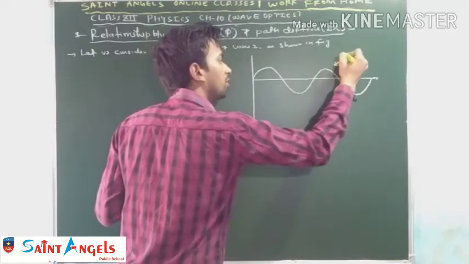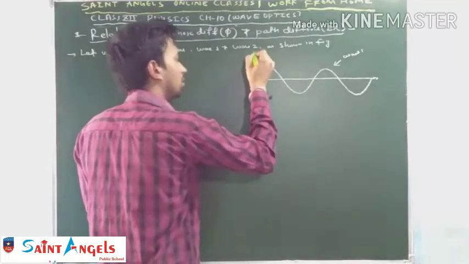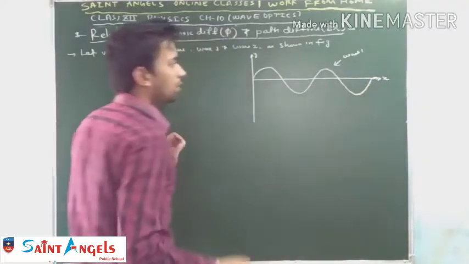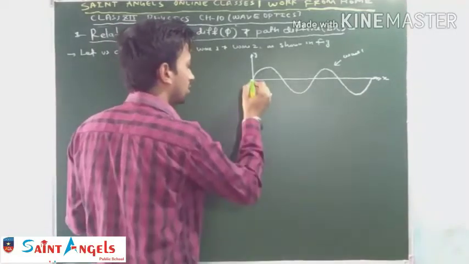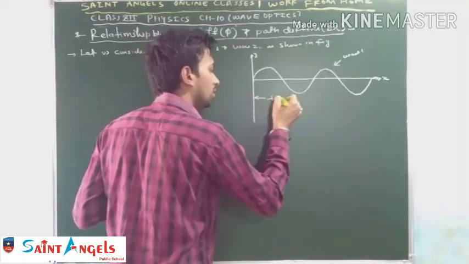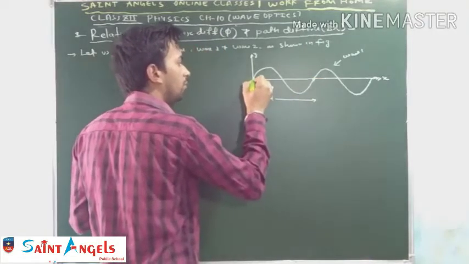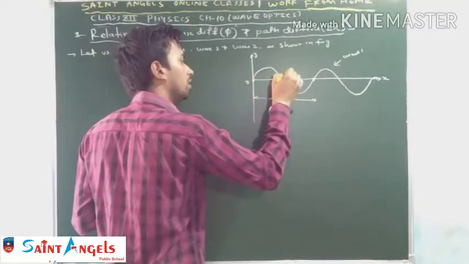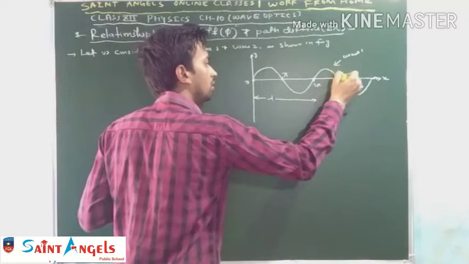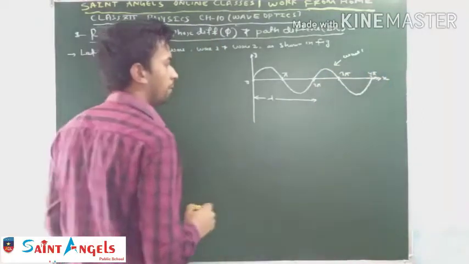Consider this is the first wave, which oscillates along the y-axis and propagates along the x-axis with wavelength lambda. At these points the phase is 0, pi, 2 pi, 3 pi, 4 pi and so on.